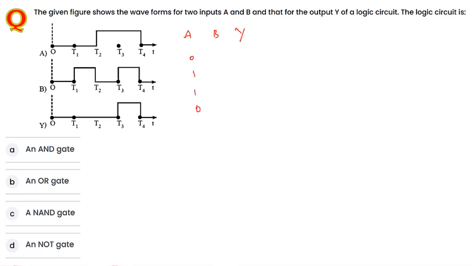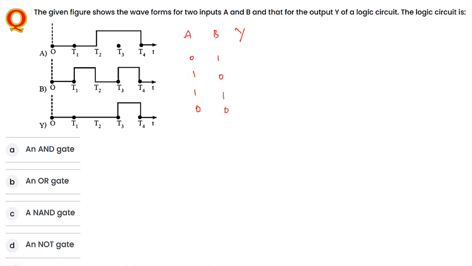Similarly for the B waveform: first one is 1, second one is 0, third one is 1, fourth one is 0. The first ending point is 1, the second ending point is 0, the third ending point is 1, and the fourth ending point is again 0.